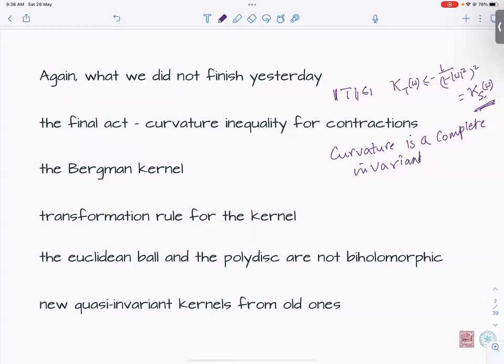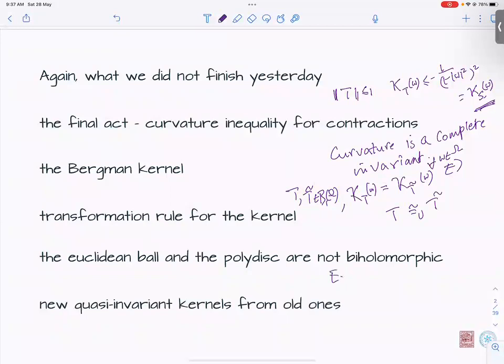This means the curvature of T is equal to the curvature of T tilde if and only if, for all omega in capital omega, T and T tilde in B1 of omega. So you have two operators in B1 of omega and their curvatures are equal. Then the Cowen-Douglas theorem simply says that T is unitarily equivalent to T tilde.